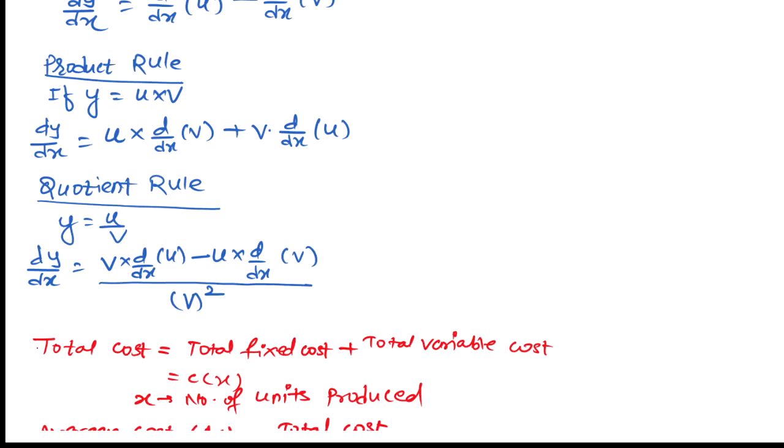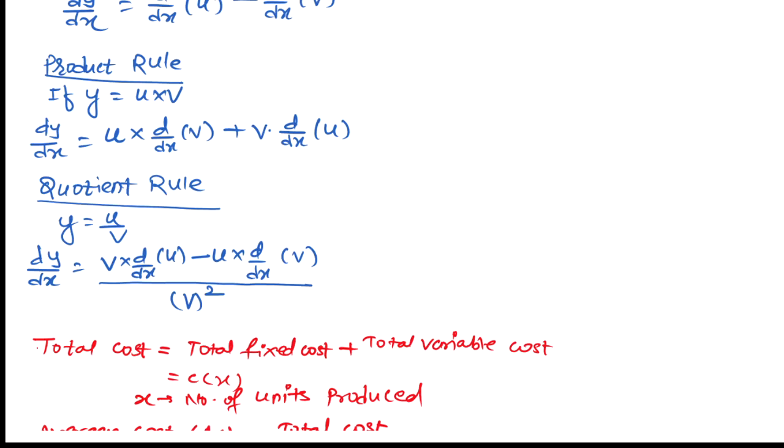So dy/dx is equal to v into derivative of u minus u into derivative of v, upon v square. You can memorize this formula for numerator upon denominator: it is denominator into derivative of numerator minus numerator into derivative of denominator, whole divided by denominator square.